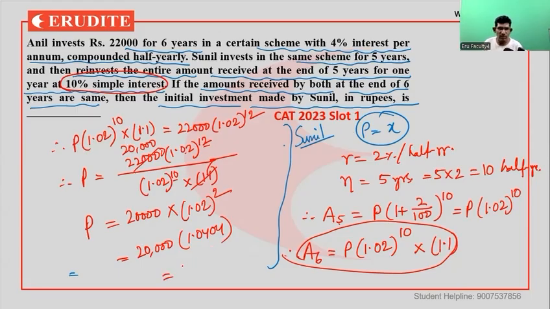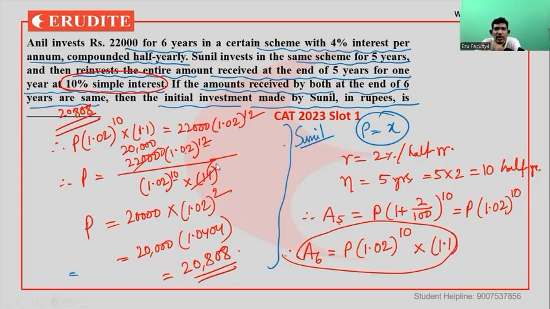So eventually, if you multiply, it will be 20808. You can use the on-screen calculator for faster calculations if you want. So that's my final answer, which is 20808. So here, it's a little complex, using basic compound interest, non-annual compounding, and simple interest combined. But it's not difficult as such.